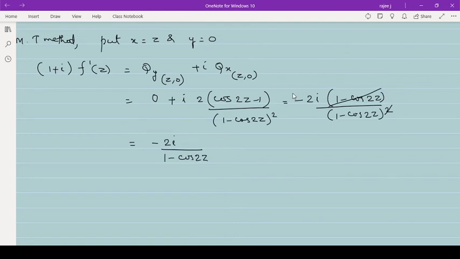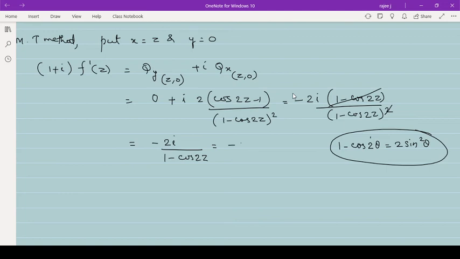So again you have a property: 1 minus cos 2 theta is equal to 2 sine square theta. Now if it is plus here, this will be 2 cos square theta, right?